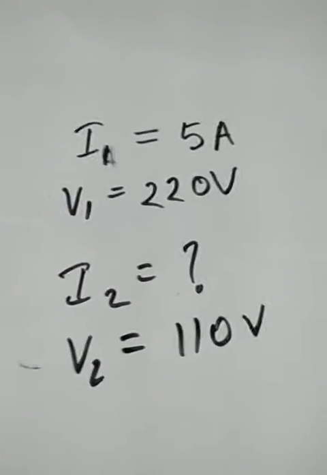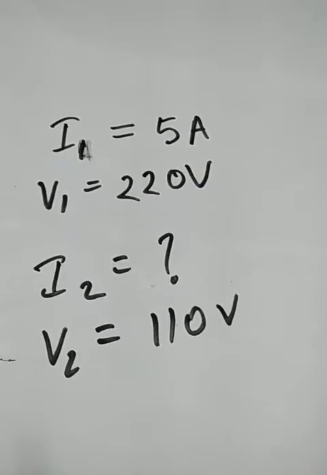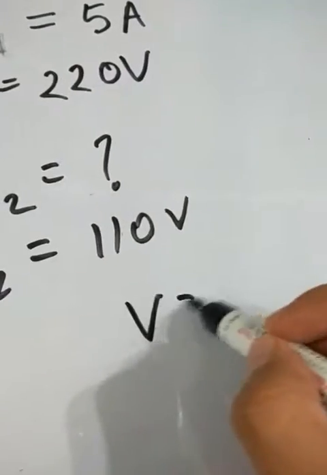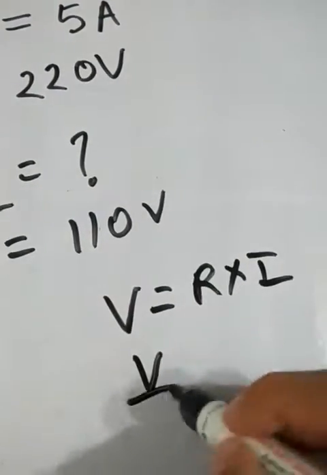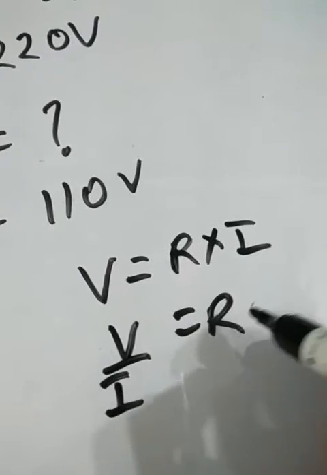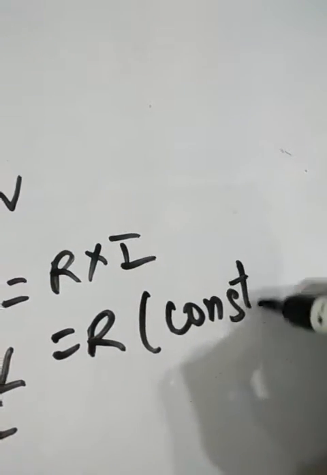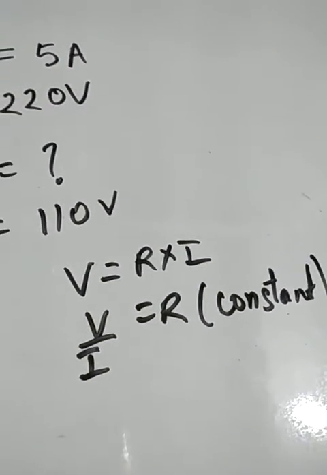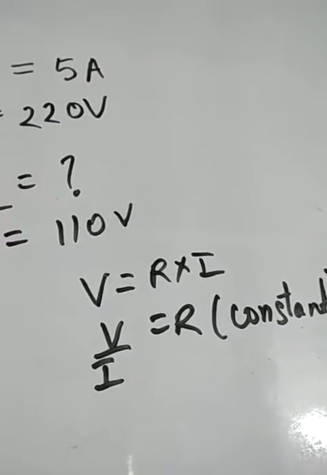Now see the question here. The first thing we got was V equals R times I. We got V by I equals R, and we also saw that it is going to be constant, because that's a proportionality constant, as long as the temperature and all the other parameters I mentioned earlier stay the same. Now see how we use it.